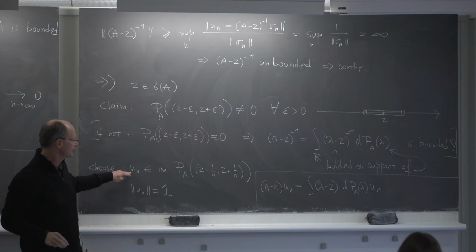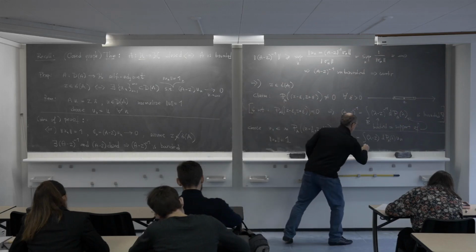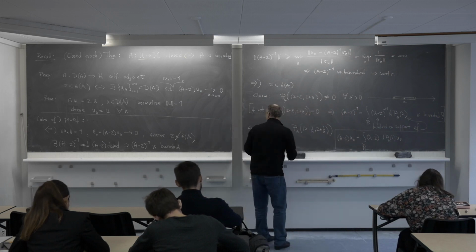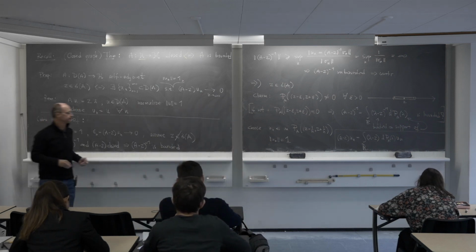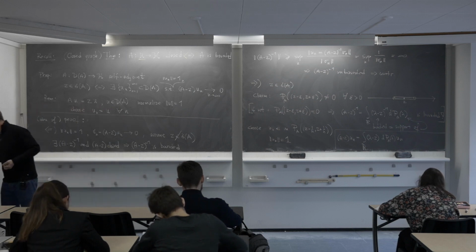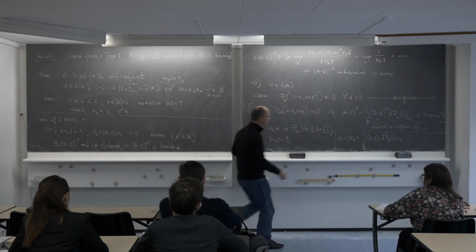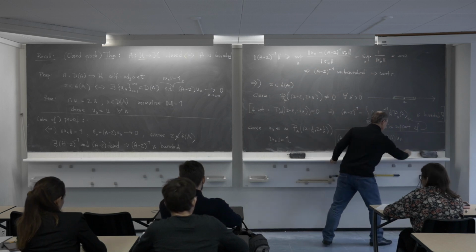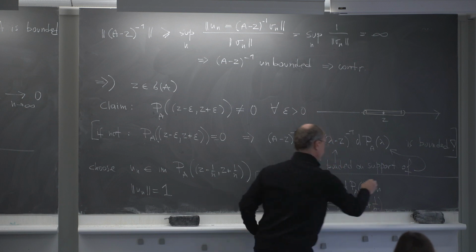But now notice, this guy is in the image of that spectral projection. So actually this integral, which a priori is over R, I can change the integration domain and replace it by Z minus 1 over n, Z plus 1 over n.